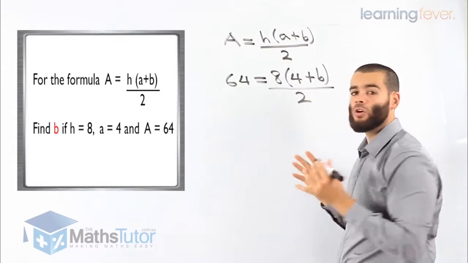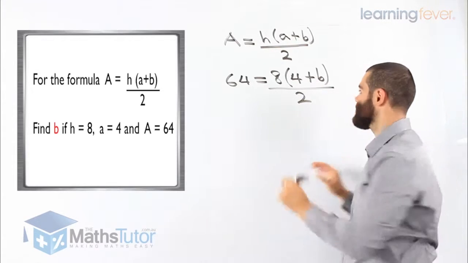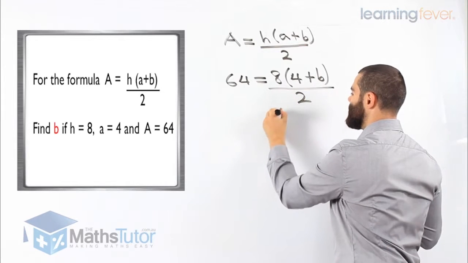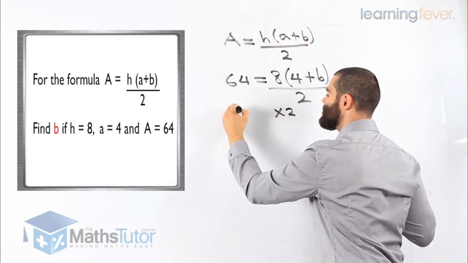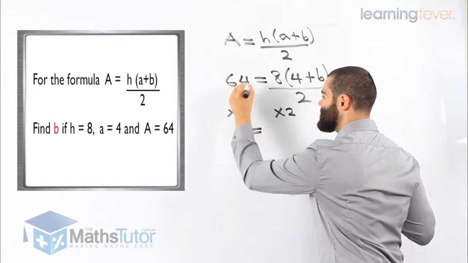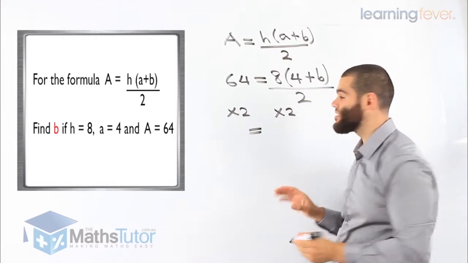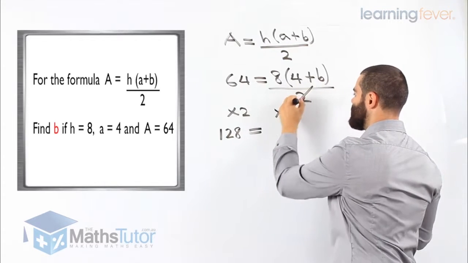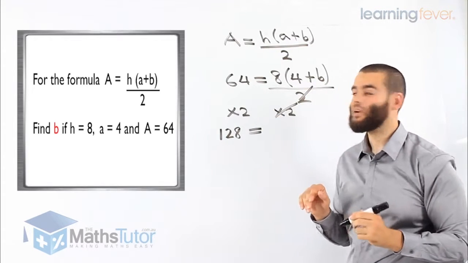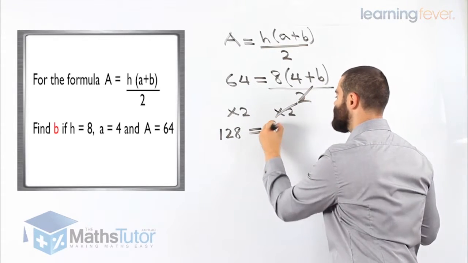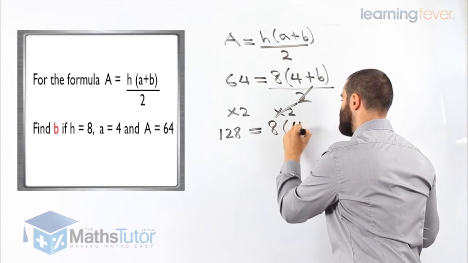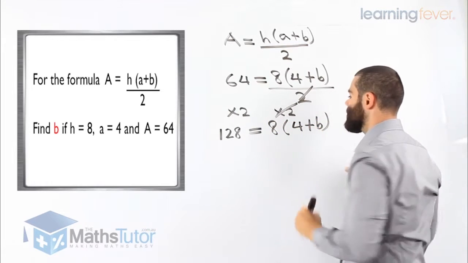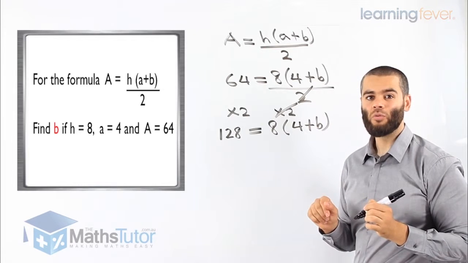Now we want to solve the equation. Divide by 2 is times 2 on each side. 64 times 2, 128. And divide by 2 times 2, they cancel each other out. We're left with 8 bracket 4 plus b close bracket. Now we continue on.